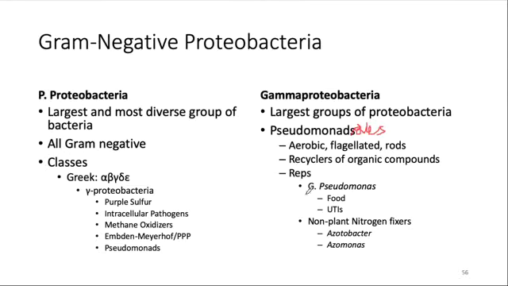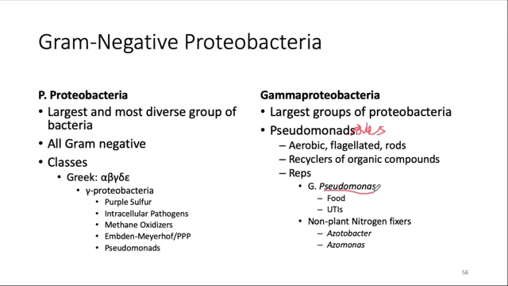But under this, you have members of the genus Pseudomonas, which is an important microorganism in the food industry, and also it causes UTIs. It is implicated in hospital-acquired or healthcare-associated infections.